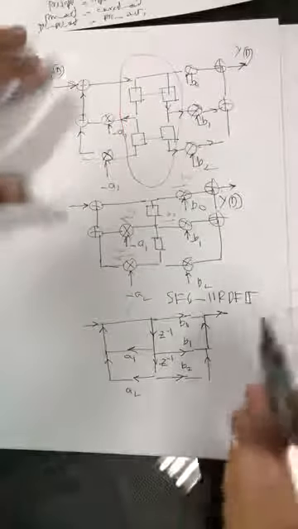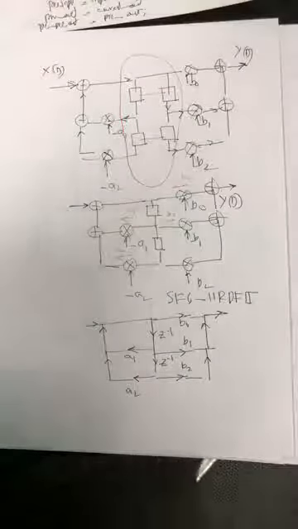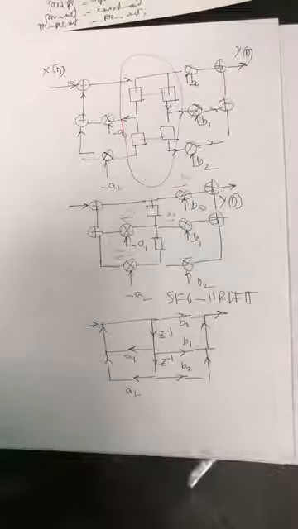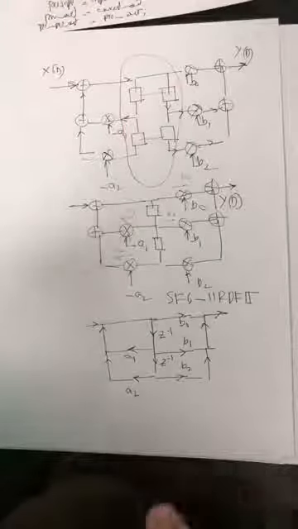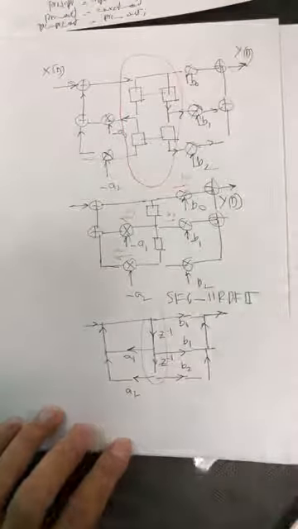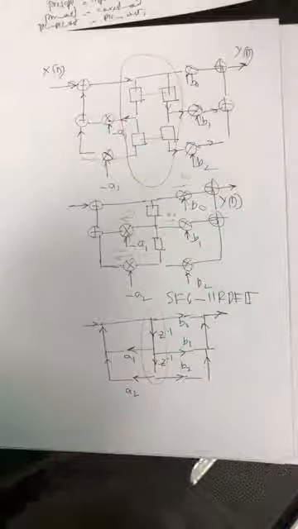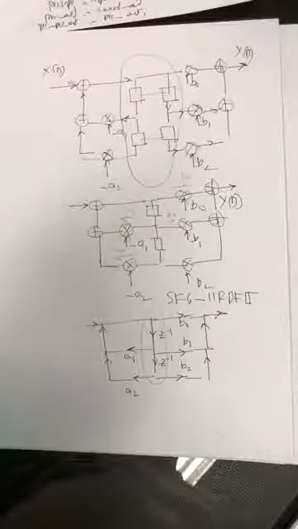So this is the direct form 2 representation of filters, and I hope that you understand that direct form 2 helps us to reduce the storage.